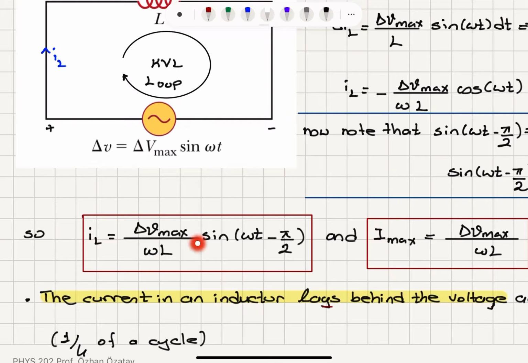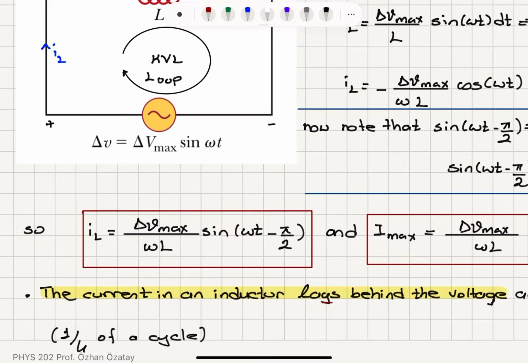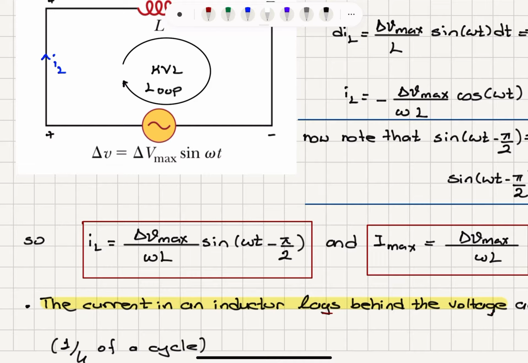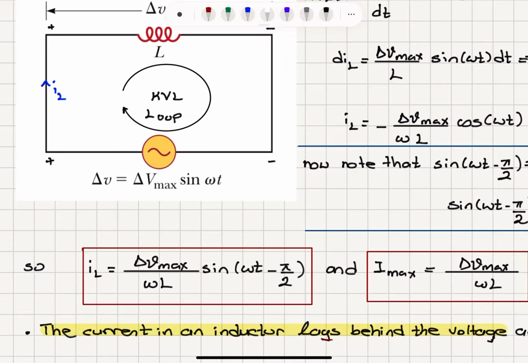And here we observe the maximum value of the current as delta V max over omega L. So what is this telling us? Between the voltage across the inductor and the current flowing through the inductor, there is a phase relationship. The current is lagging behind the voltage by pi over 2. So this is minus pi over 2.